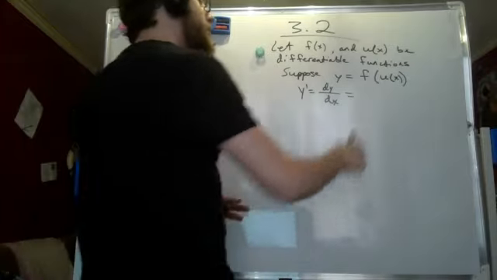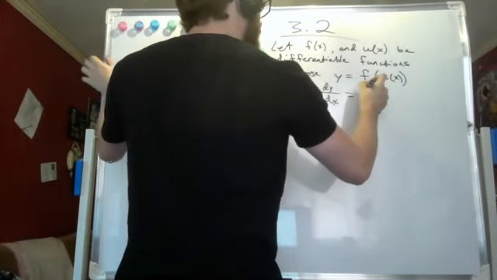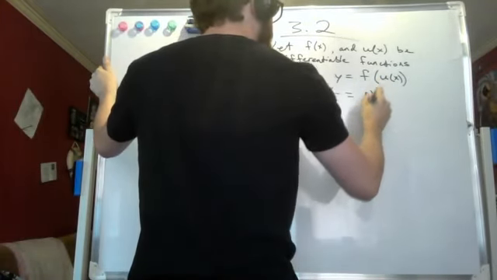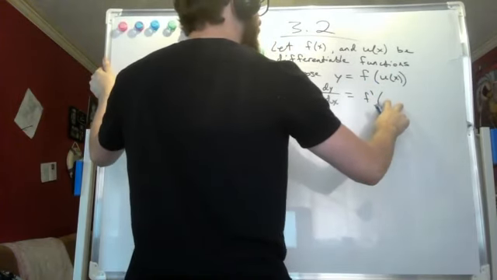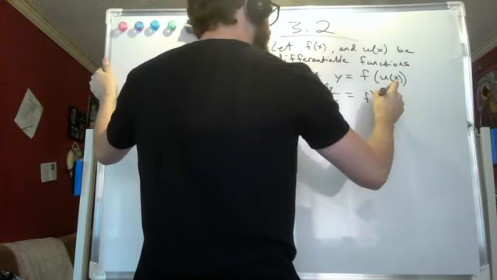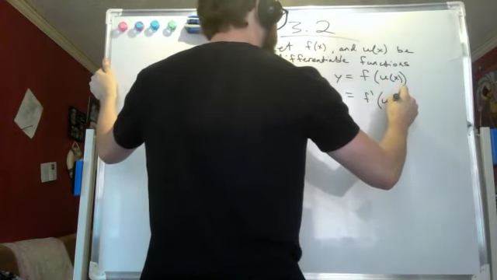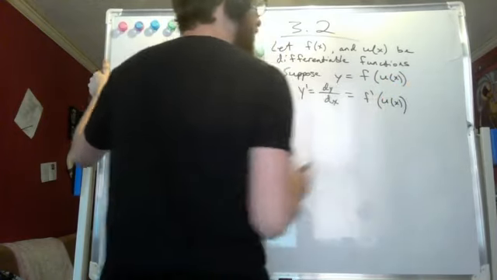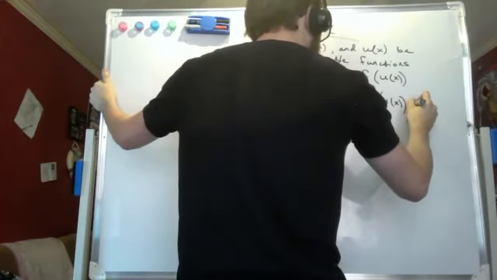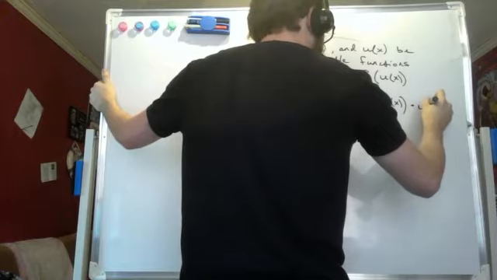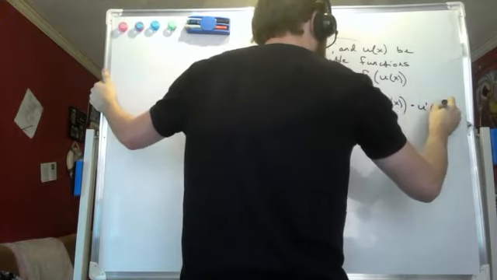What's the outermost part? f prime. So f prime of, we leave the inside part alone at first. So u of x doesn't change. We leave it alone on the inside. And then we multiply it by the derivative of the inside part. That's u prime of x.